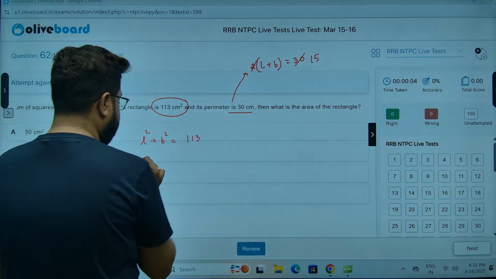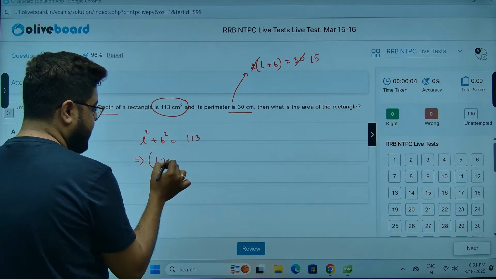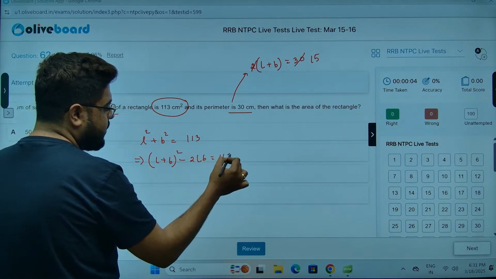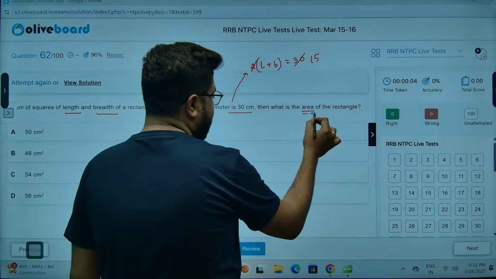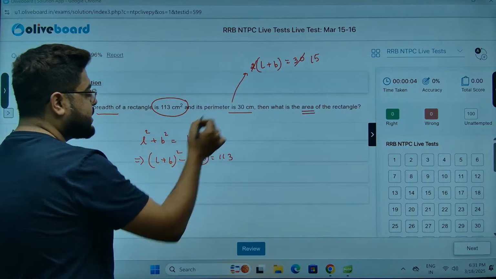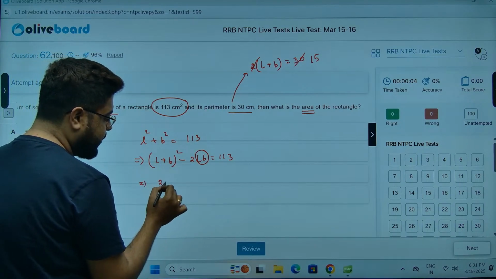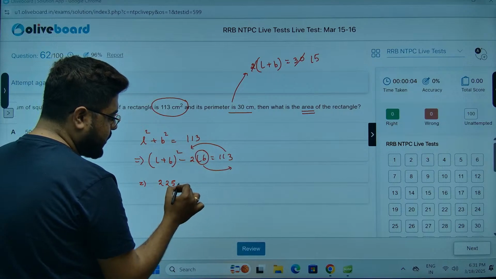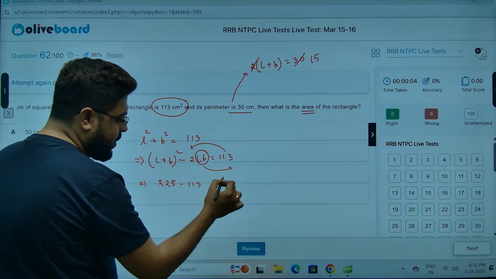So I can write this as (L plus B) whole square minus 2LB, that is equal to 113. They're asking area, that is L into B. The value of (L plus B) square is 15 square, that is 225. Taking this to the other side, 225 minus 113 is equal to 2LB.